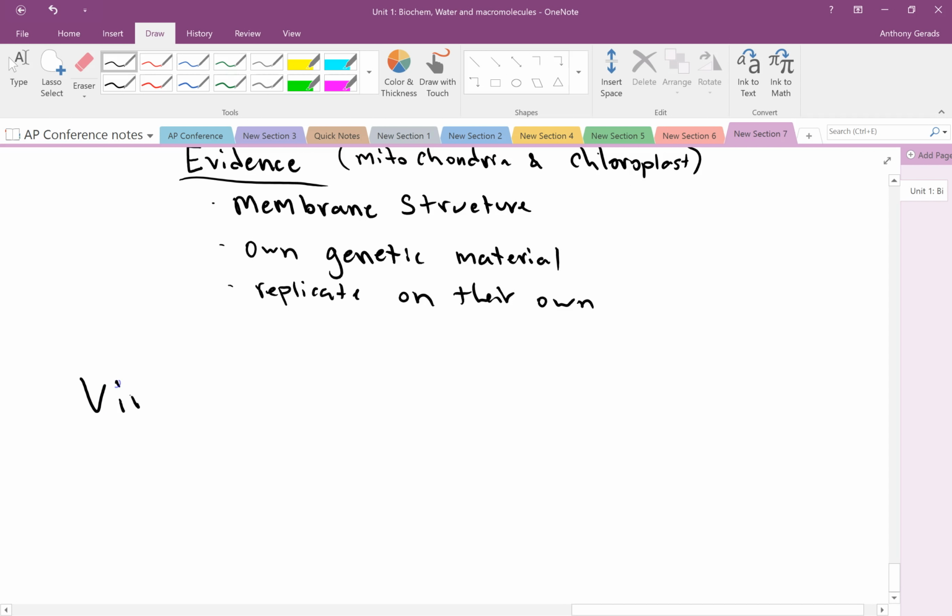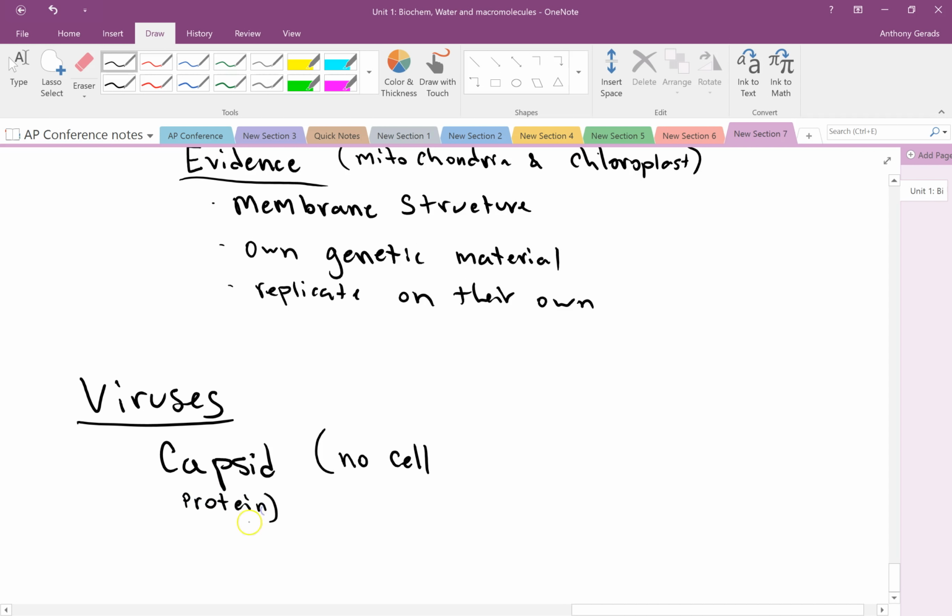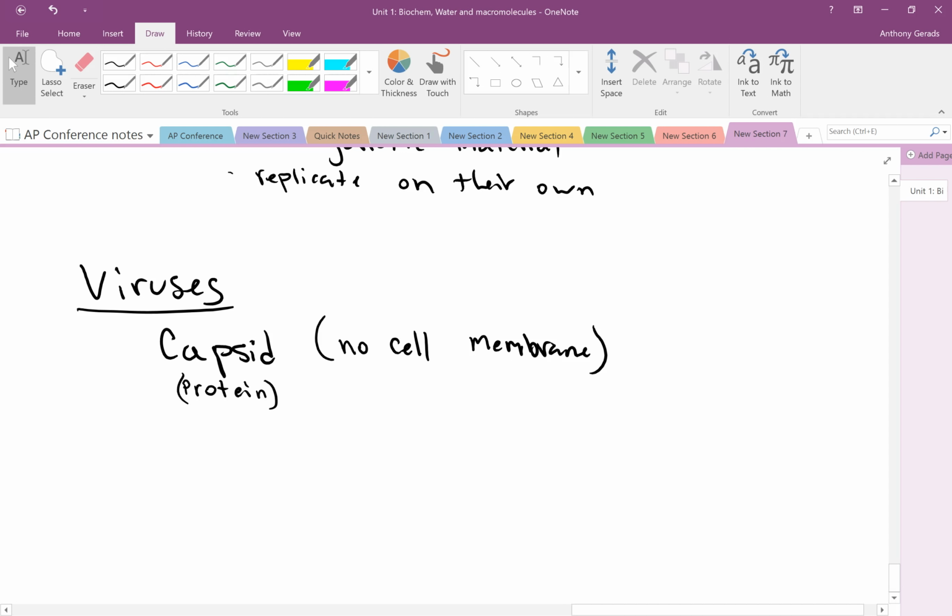Viruses. Okay, they have a capsid. So no cell membrane. And capsid's protein. No cell membrane. They do have genetic material.